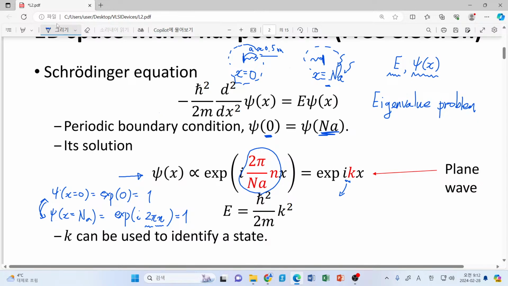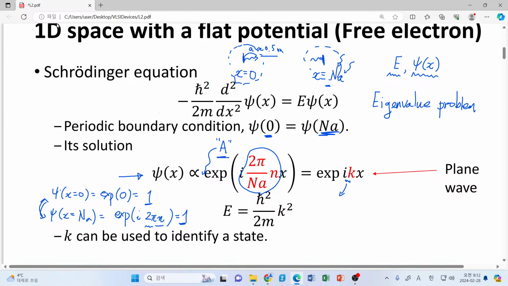Of course, although we have here number 1 and number 1, this is just for the matter of our normalization. So here we have a proportionality, not exactly equal, because we can introduce a certain normalization constant.